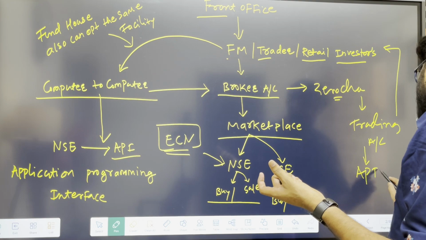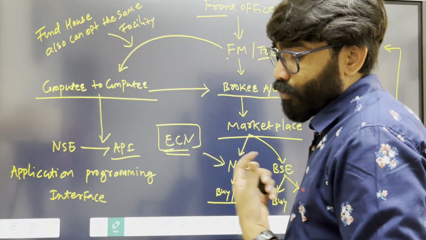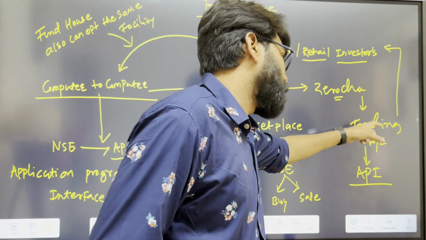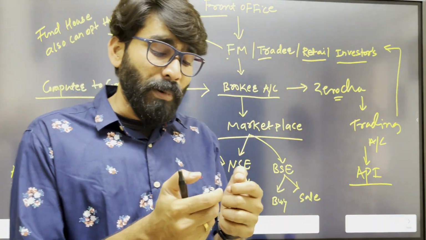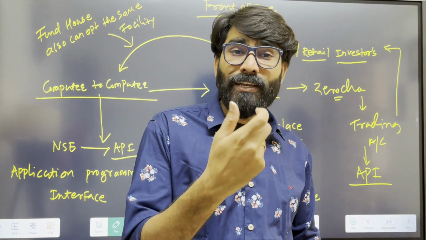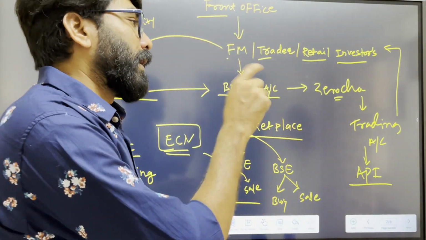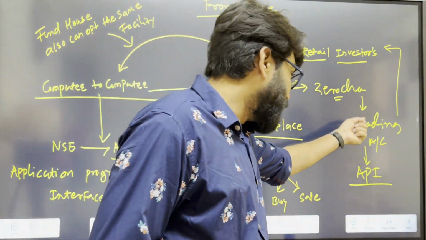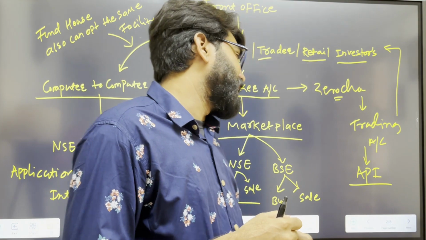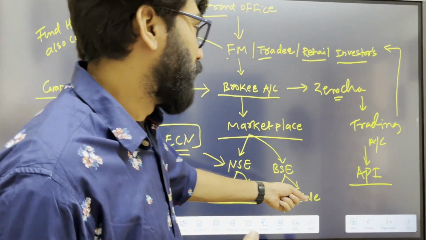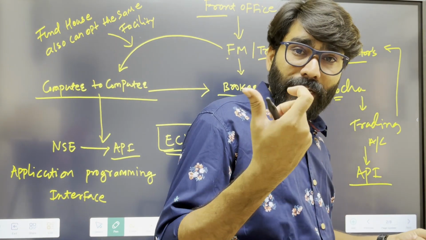Each and every broker has integrated an API with their trading account platform, and that's why, once you open the trading account with a broker, you can check the movement of quantities and price in the NSE and BSE trading system. It means brokers have integrated the ECN or trading management systems API in their application or interface, right?